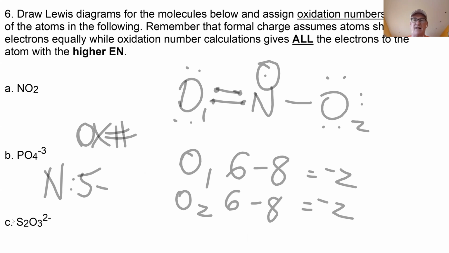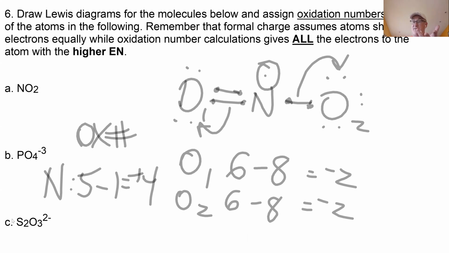Does it get to claim any of the other electrons in the 3 bonds? Does it get to keep any of them? No, because we gave them all to oxygen, remember? We gave all these electrons to this oxygen, and we gave these 2 electrons to this oxygen. So all poor nitrogen has left is 1. That's it. And so its oxidation number is +4.